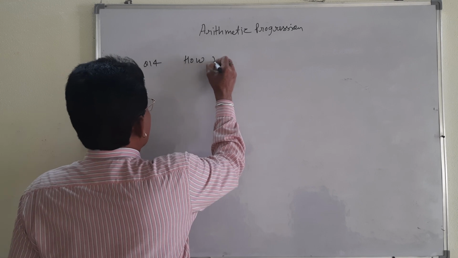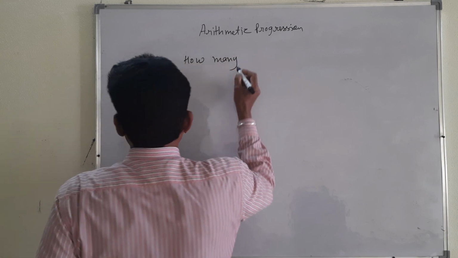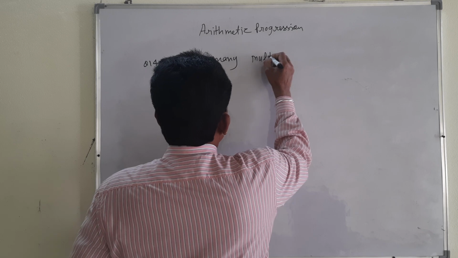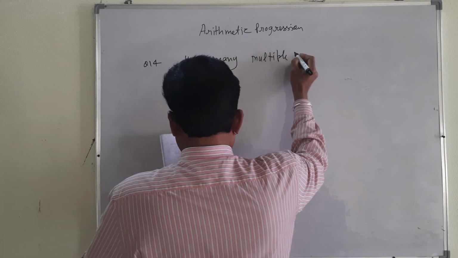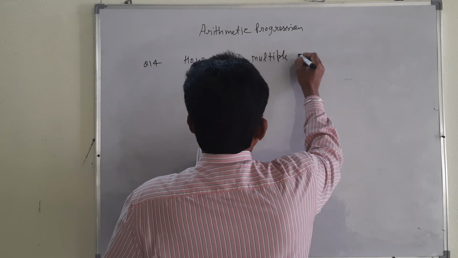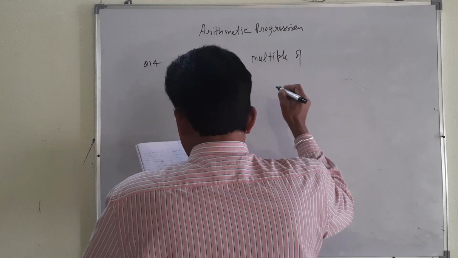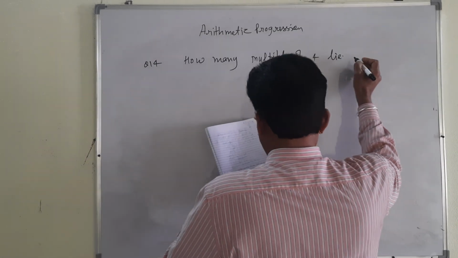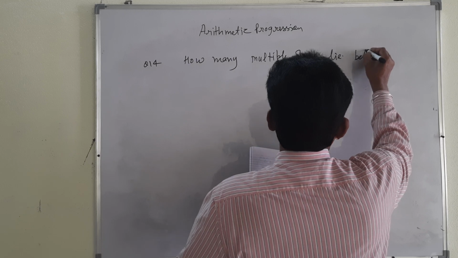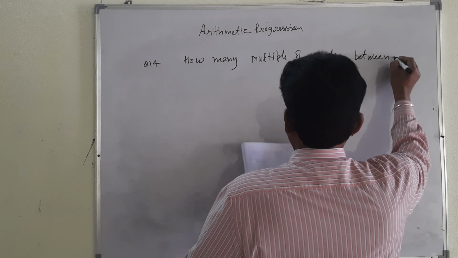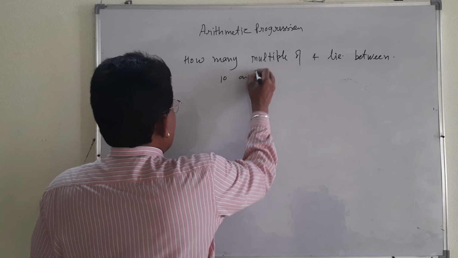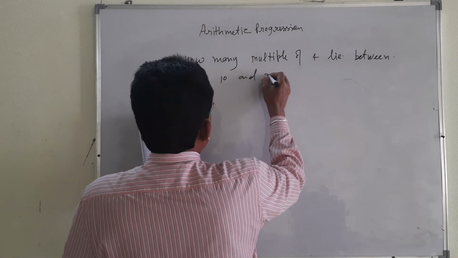Okay, let me take question number 14. See, how many multiples of 4 lie between 10 and 250?